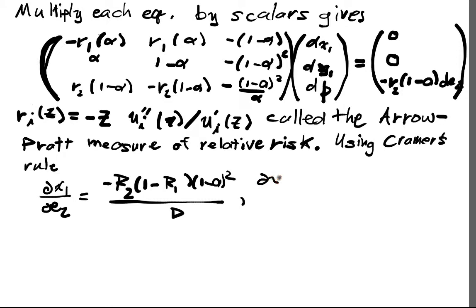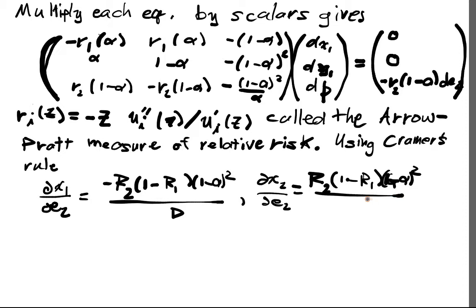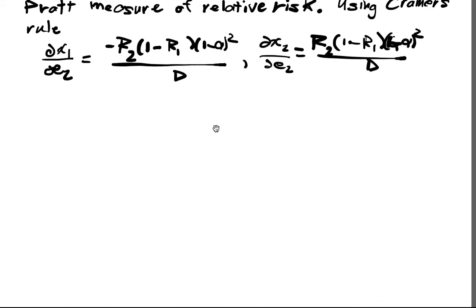We have dx2 dE2 is equal to, and this is of course at the equilibrium, R2 of 1 minus R1, 1 minus alpha square all over d. We've got dp dE2 is equal to R1 R2 over d.